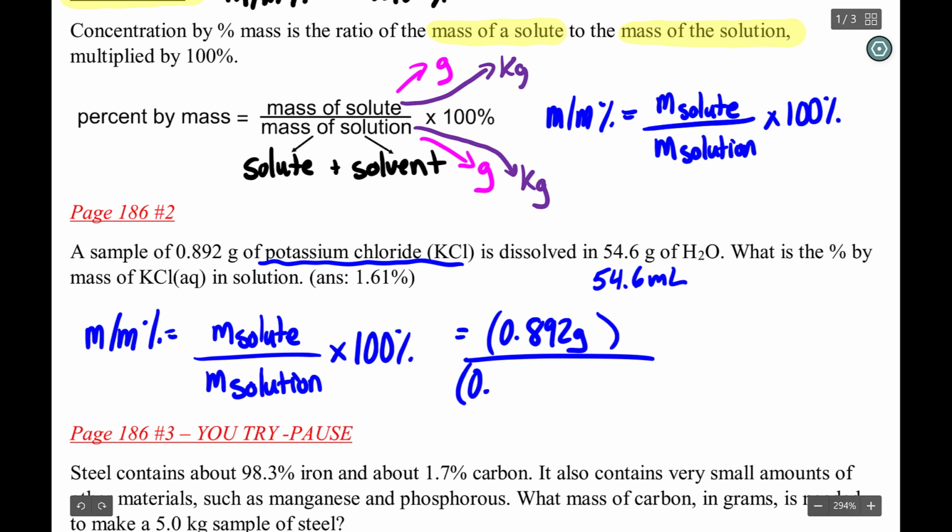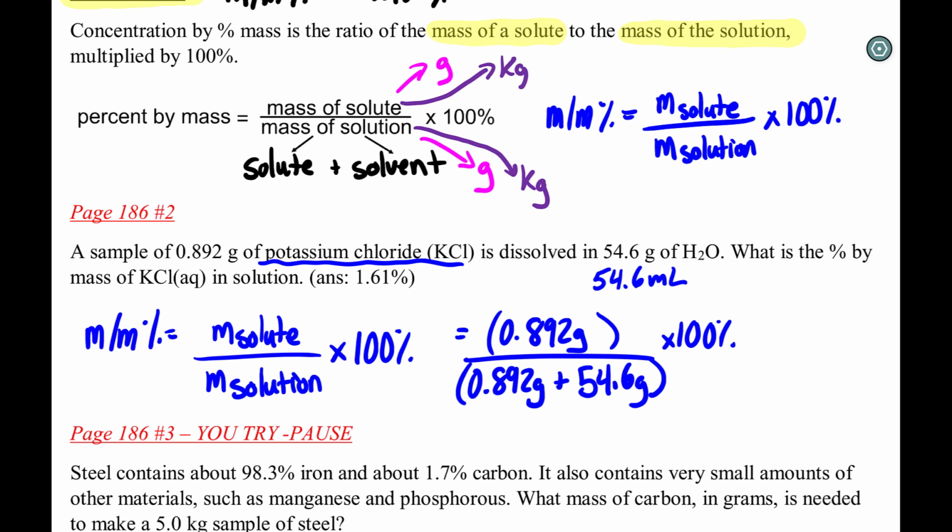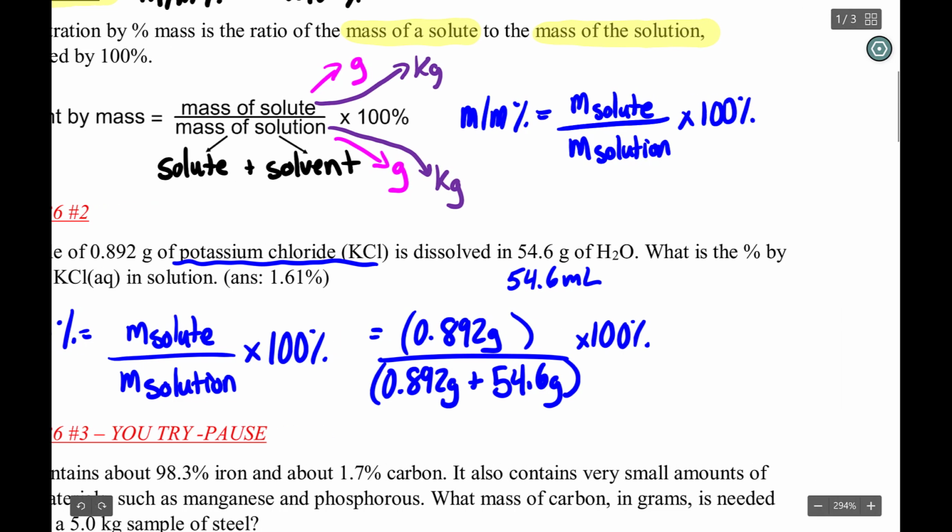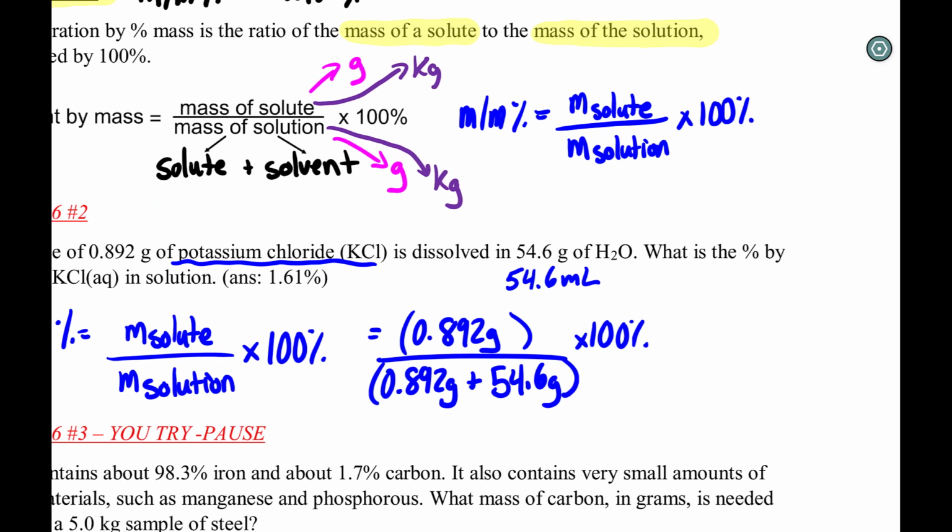So I still need that 0.892 grams. I'm going to add that to the solvent, which was water, which is 54.6 grams. Put those together and multiply by 100%. So 0.892 divided by 0.892 plus 54.6, multiplied by 100%, would be 1.61% with rounding.